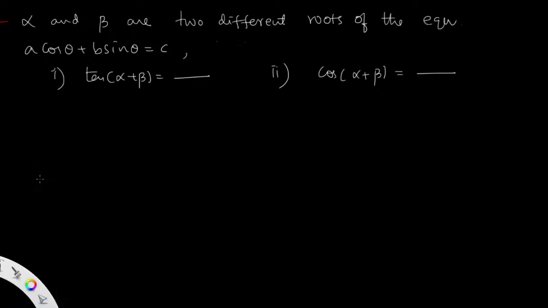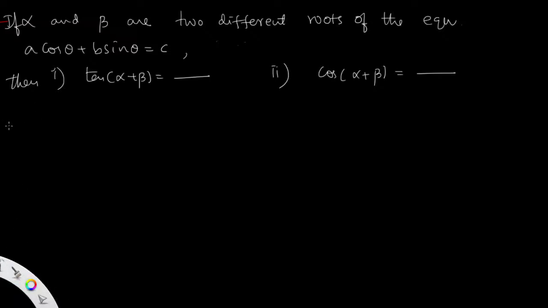We have to prove that if alpha, beta are the two different roots of the equation a cos theta plus b sin theta equal to c, then tan of alpha plus beta equals dash and cos of alpha plus beta equals dash. So what are the conditions given?